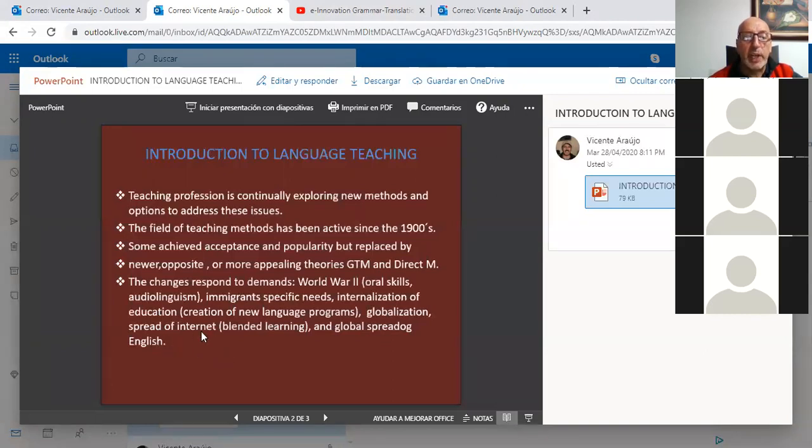The spread of internet. That is another demand. Everybody knows internet. So, for example, it appeared the blended learning. Blended learning, it's a mix of classroom and computer technology. And the global spread of English.